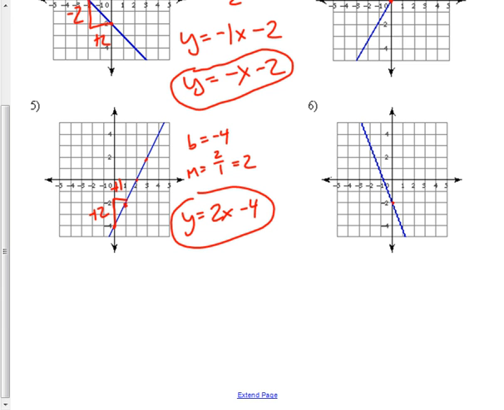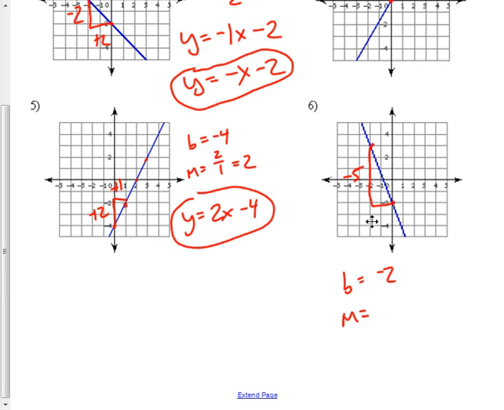So now this one, the y-intercept, is b equals -2. And then we need to find our slope. So if we go ahead and find another spot that crosses, and it looks like right here will work. So we're going to go down 1, 2, 3, 4, 5, and 2 to the right.